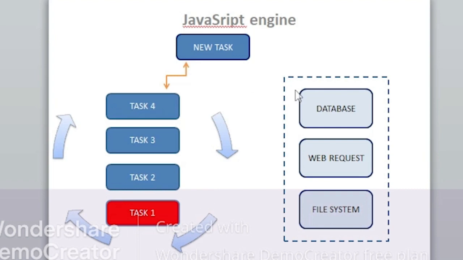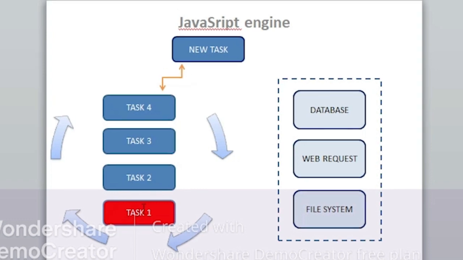And let's say task 3 is fetching data from the database. Task 3 is for the JavaScript engine to fetch data from this database here, or from a web request, or from your file system. It just wants to fetch data from a third-party process.